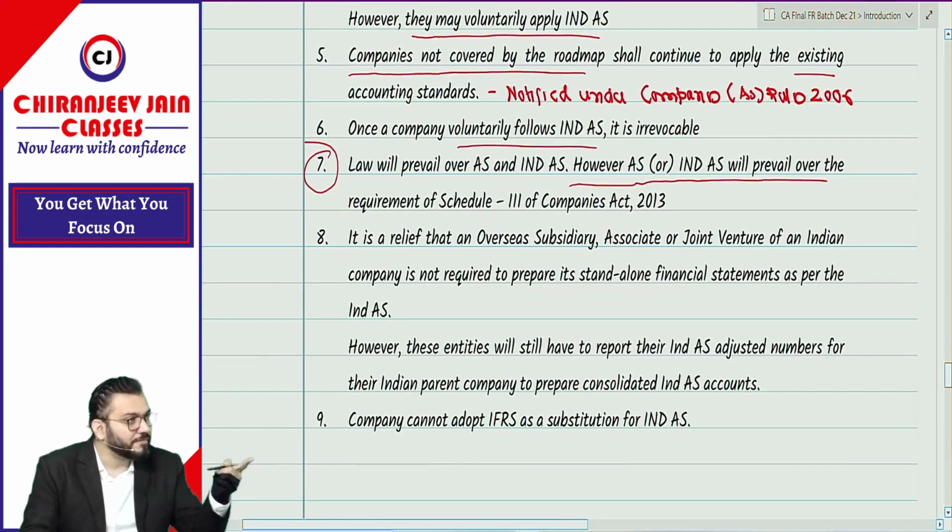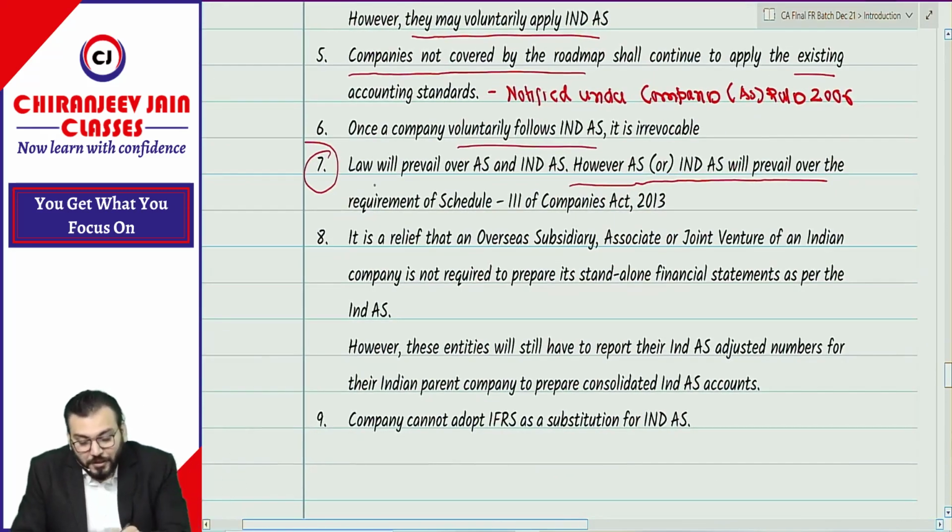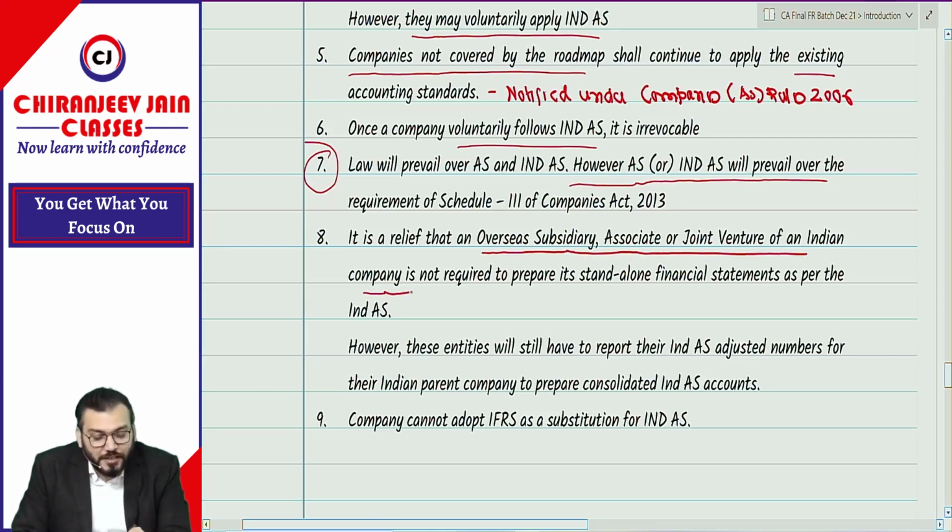Doubt is over? One minute. What is written? It is a relief that a relief has been given. It is a relief that an overseas subsidiary, associate or joint venture of an Indian company is not required to prepare a standalone financial statement as per Ind AS.